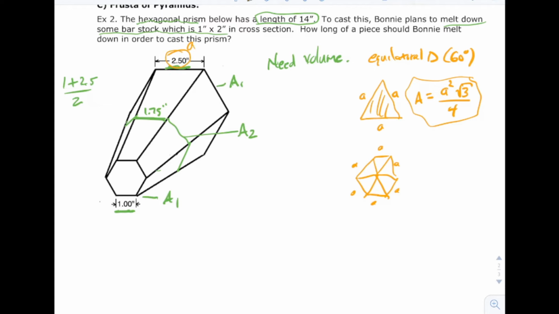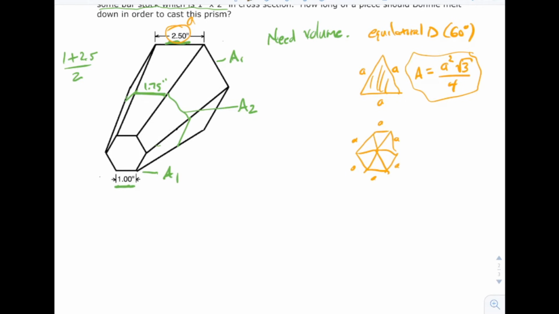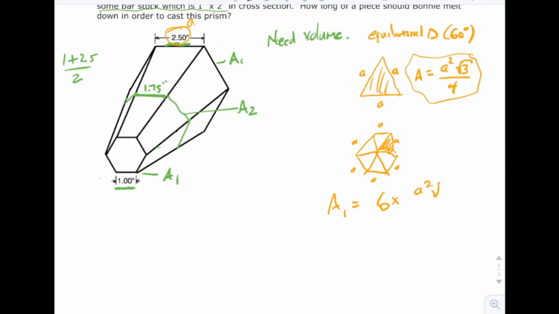So that means I can find, for example, A sub 1 by saying, well, I got 6 of these equilateral triangles, and the area of each of those is going to be a squared, square root of 3 over 4, where a squared is 2.50 squared, square root of 3 over 4.